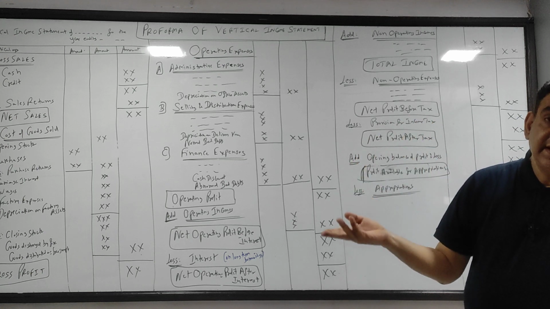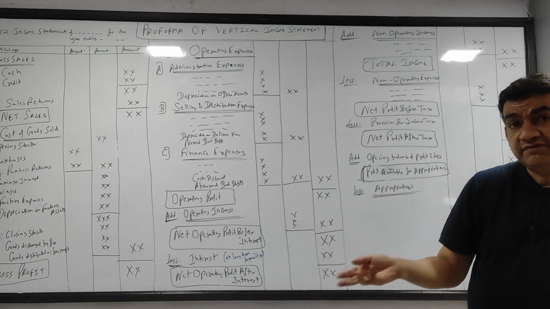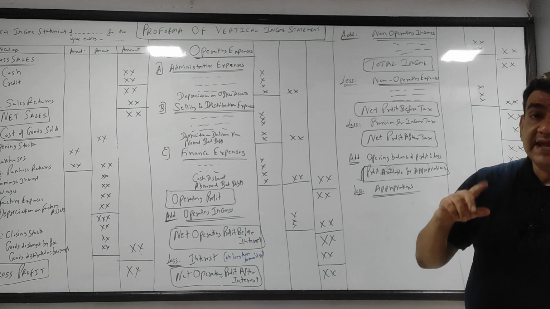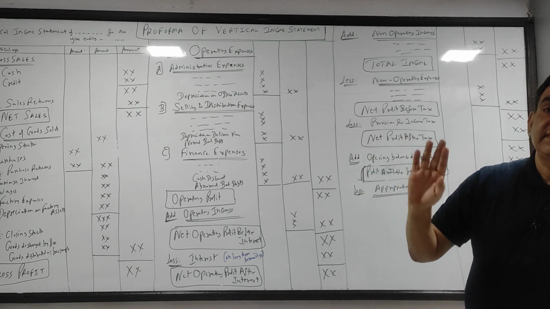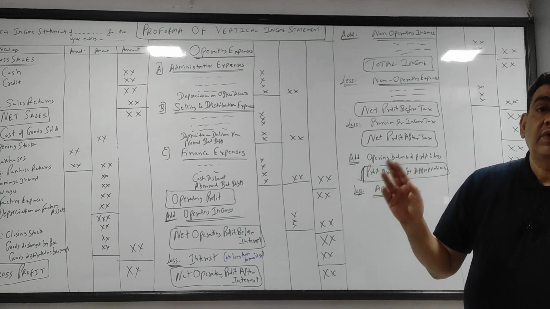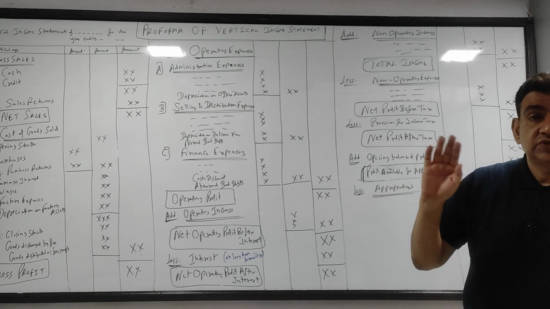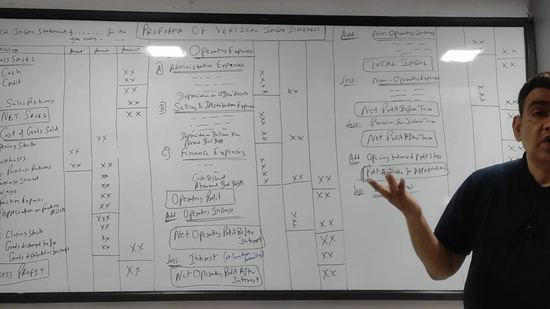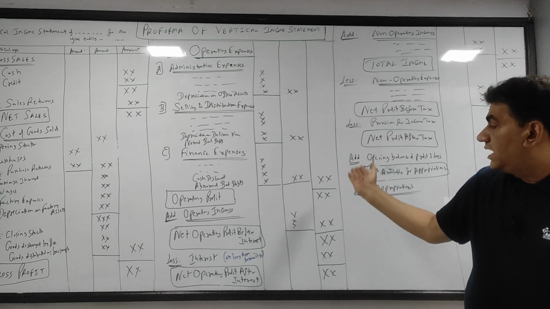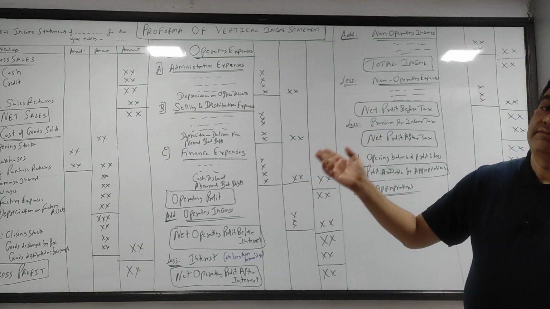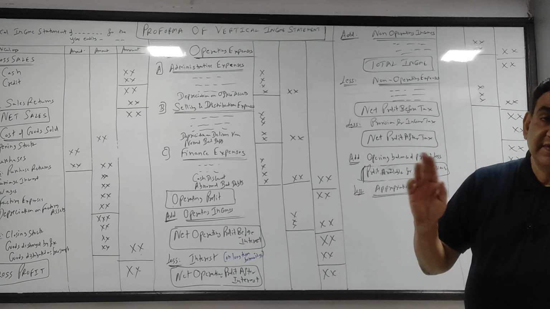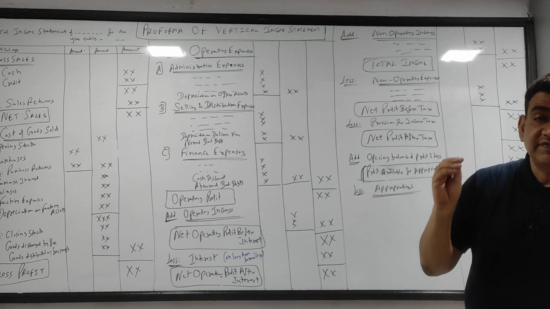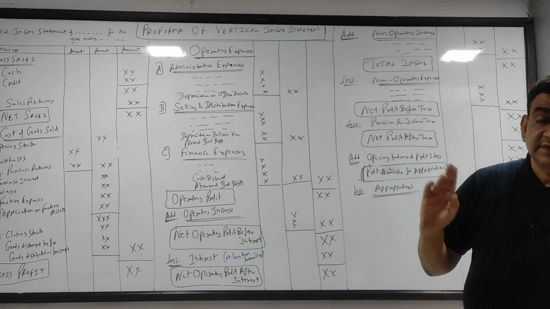I may pay dividend, I may not pay dividend. I may pay at a high rate, I may pay at a low rate, or I may not pay at all. So it is not compulsory. Appropriation.